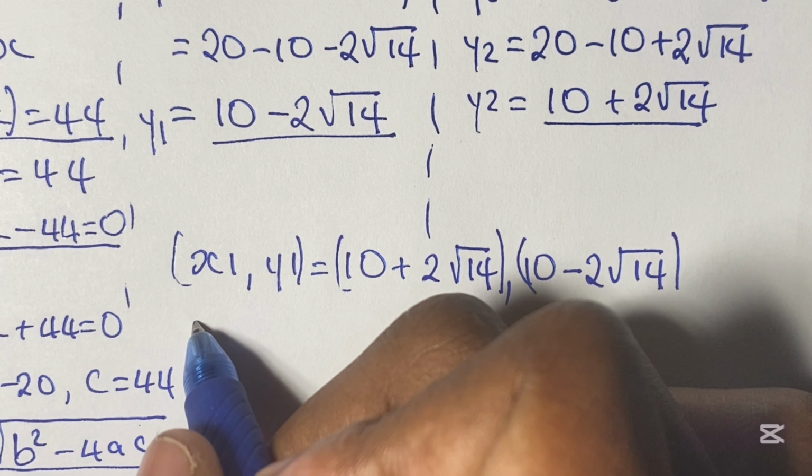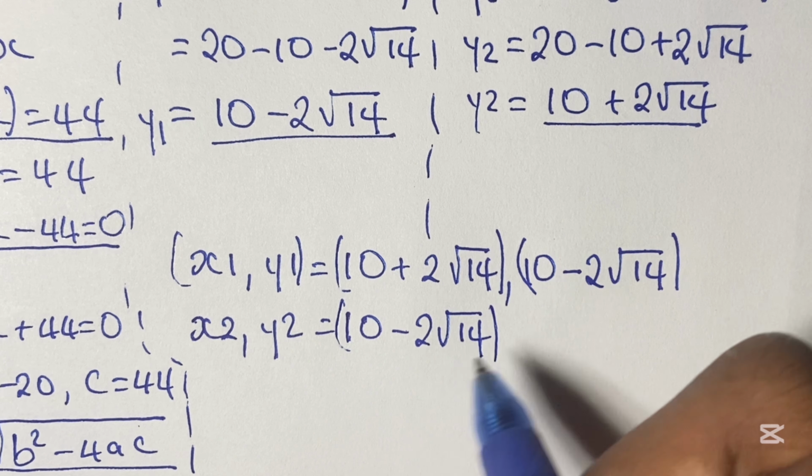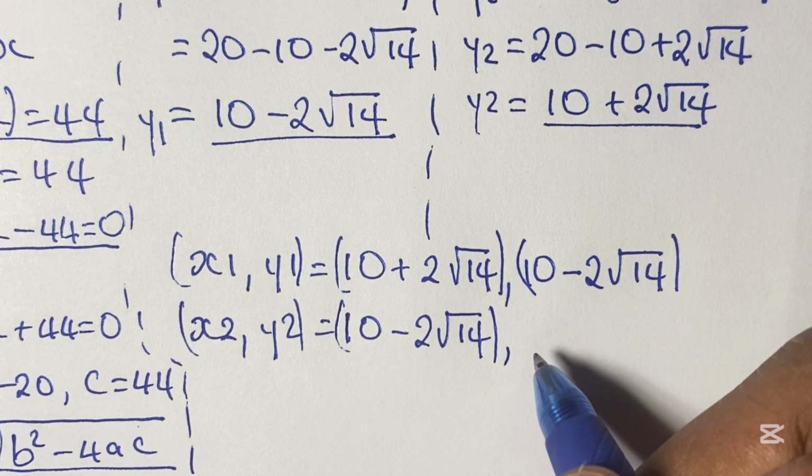And for our other solution, we have the value of x2 comma the value of y2. So now this solution is written as 10 minus 2 root 14 as our second value of x, and for the second value of y, we have 10 plus 2 root 14.